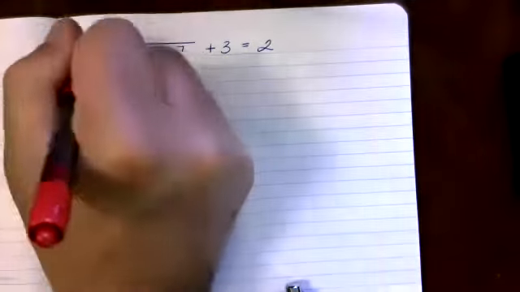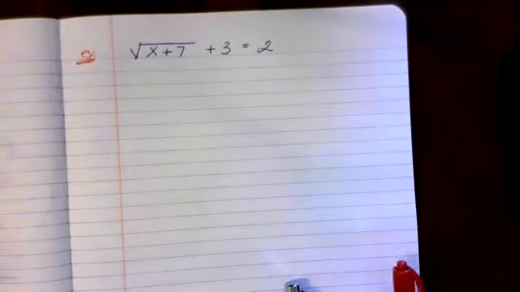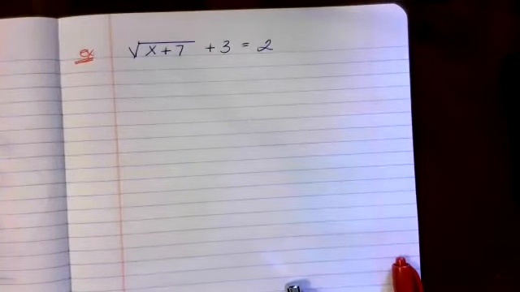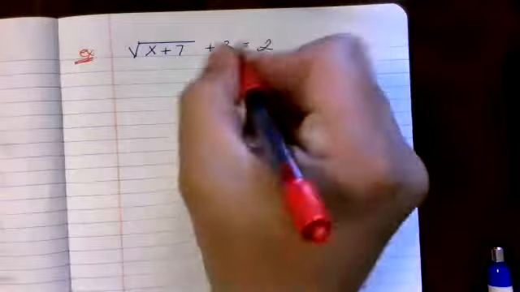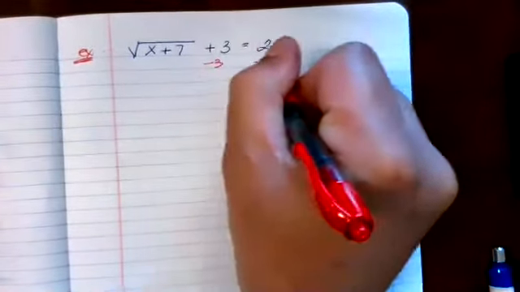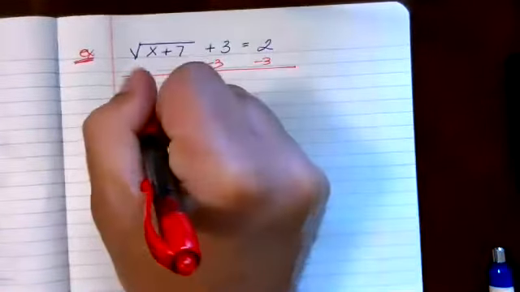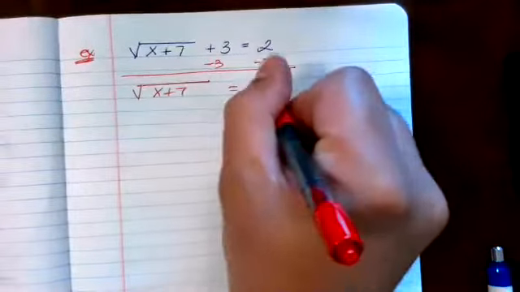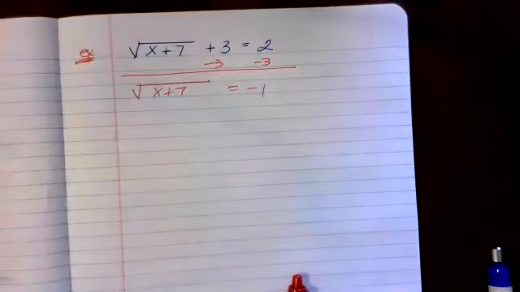So let's look at the second example. We'll use the same procedure. If I want to follow the same procedure, I want to subtract 3 from both sides of the equation. I'm going to have the square root of x plus 7 is equal to -1.